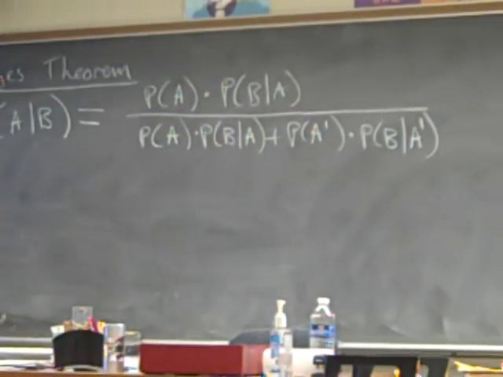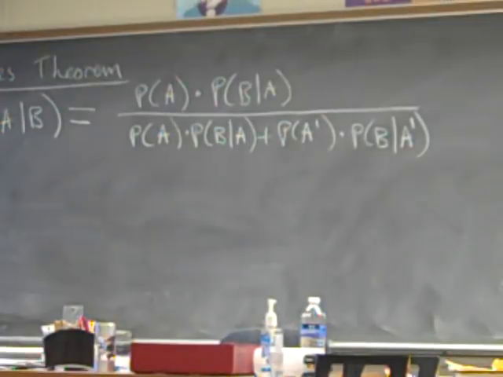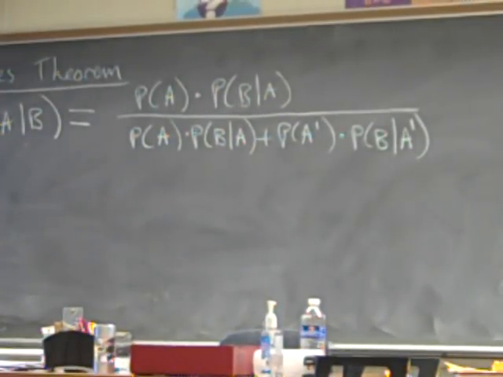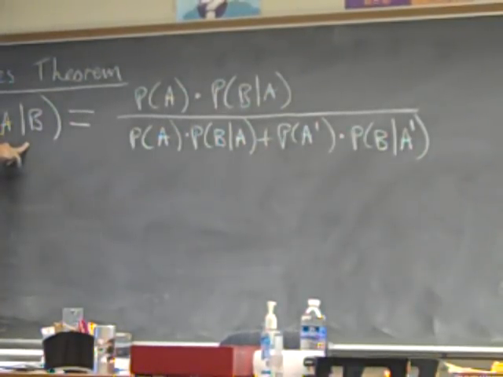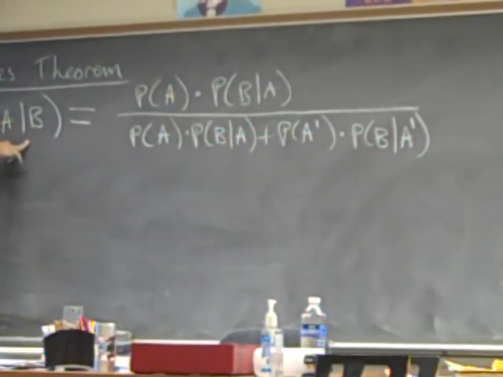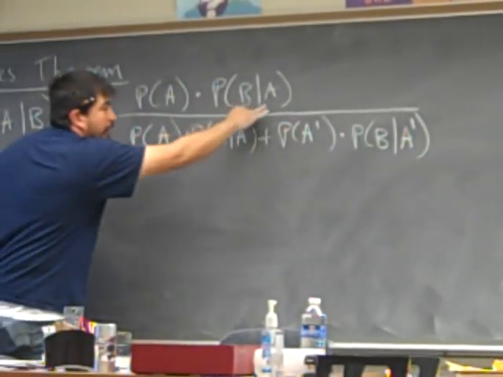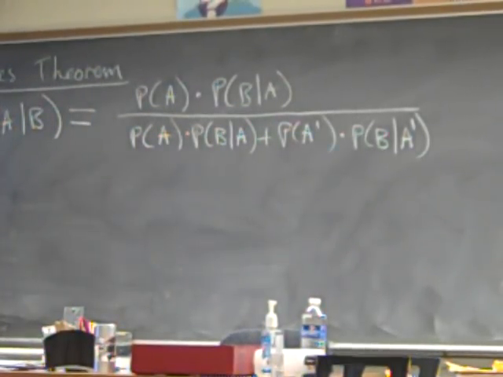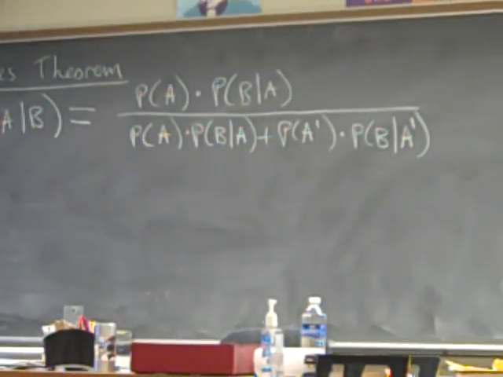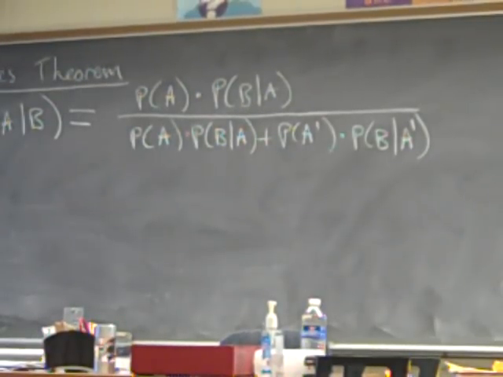So, you will most likely know when this might be useful, because you're going to be looking for a conditional probability, and you'll also have to know the other conditional probability, flipped around. That's the dead giveaway that I should probably use Bayes' theorem.